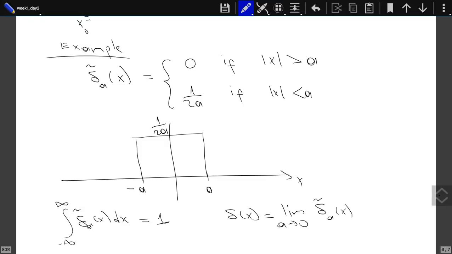How you take the limit is determined by the definition of this Dirac delta. Its integral should be 1. That is the definition. You have to take the limit in such a way that the area below your curves is always 1, or it becomes 1, let's say, in the limit.